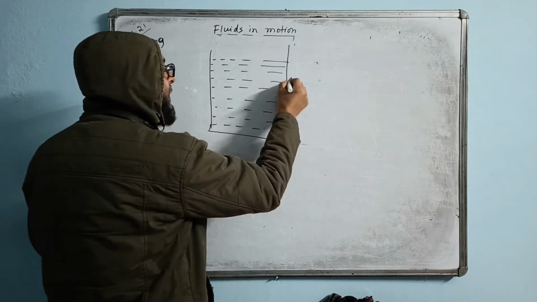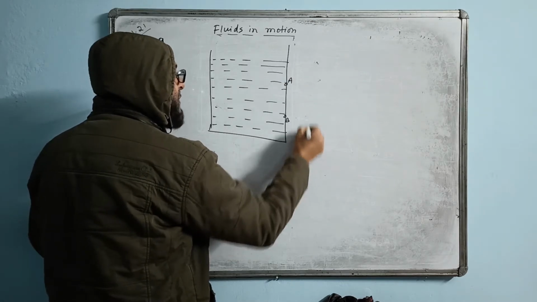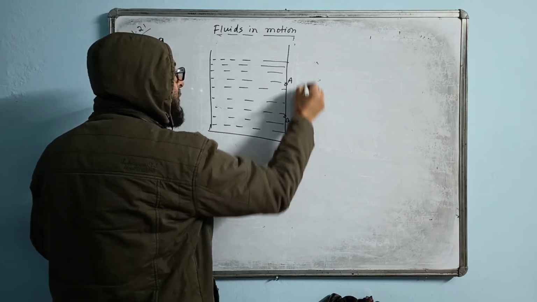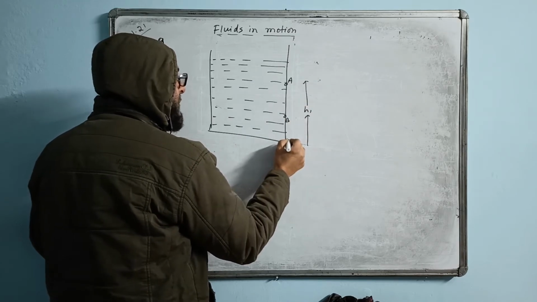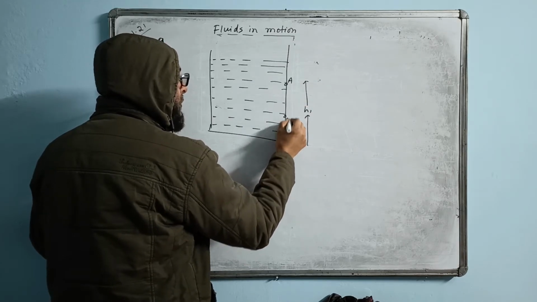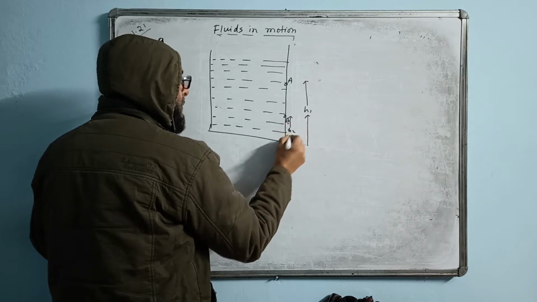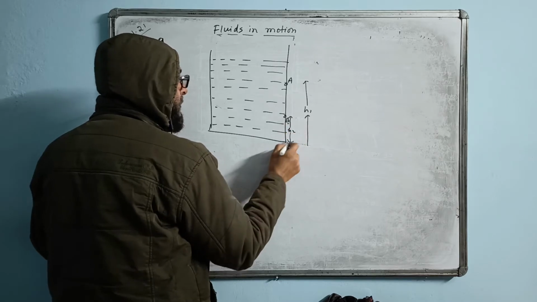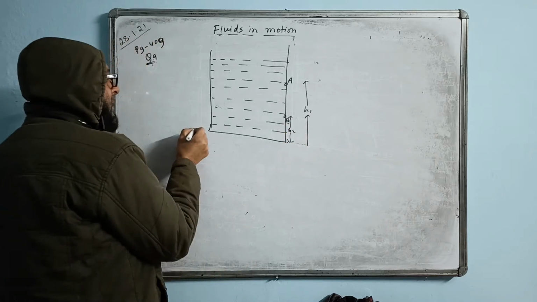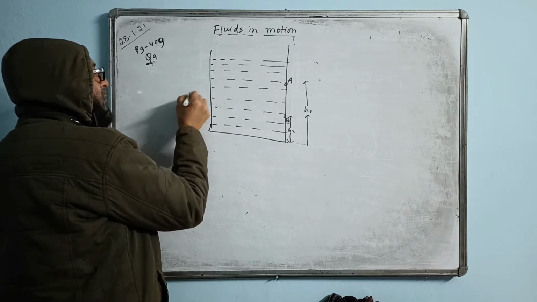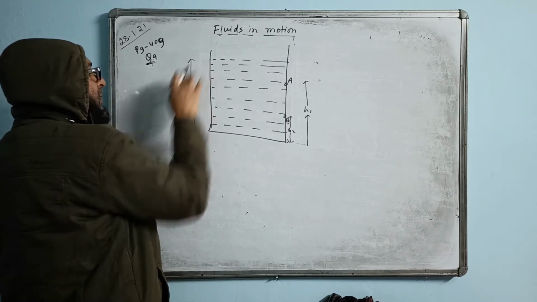The height of A is h1, and the height of B is h2. And then let us suppose the total height is H. We have to find the value of H.